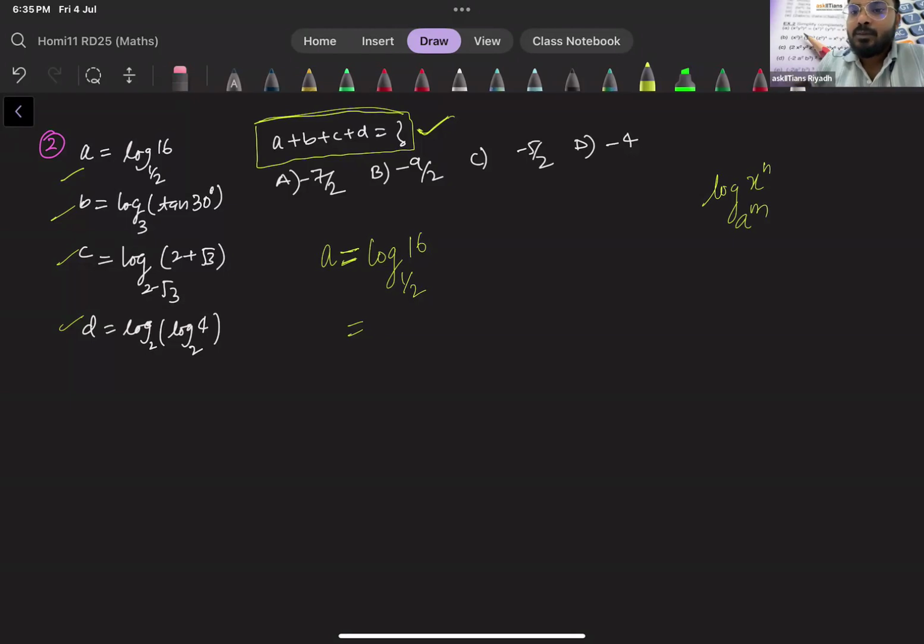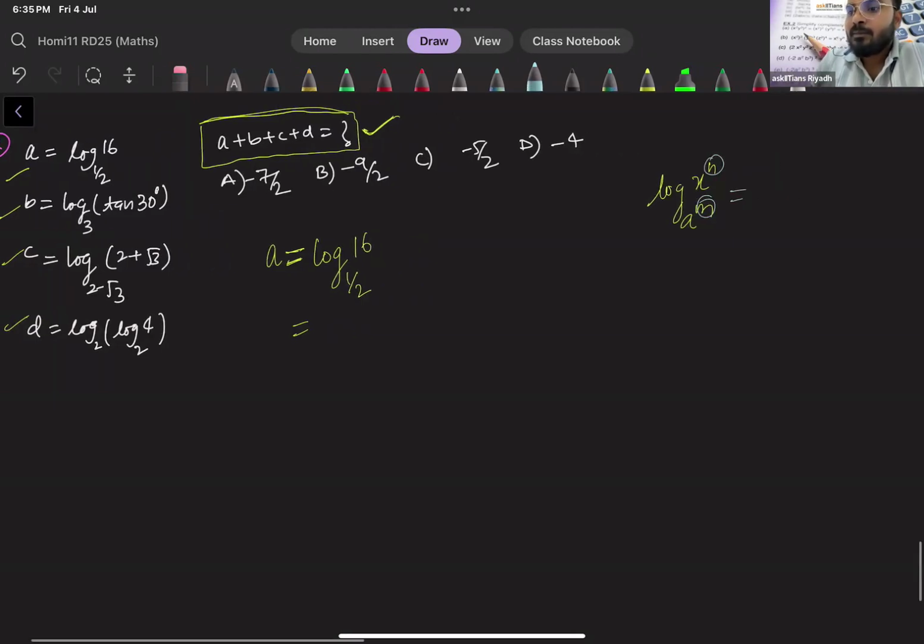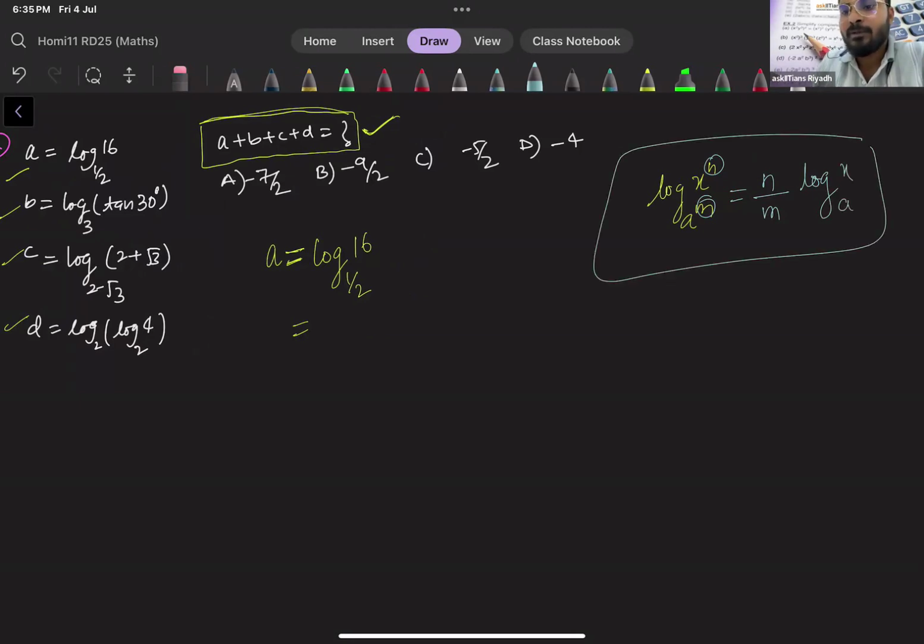I can take both the powers outside of log, but n will go in the numerator and m will go in the denominator, and then it is log x to the base a. Just remember this property. Powers of the argument will go in the numerator outside log, and the exponent of the base will go in the denominator outside log.